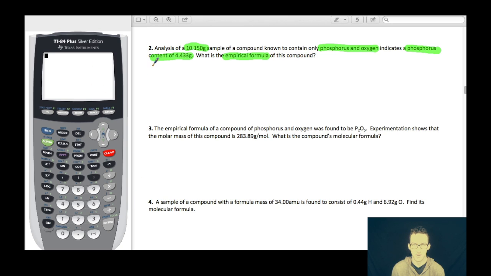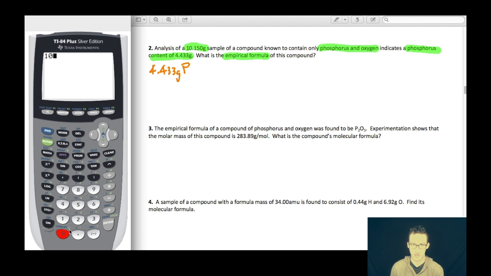And we know that 4.433 grams of that 10.150 gram sample must be phosphorus. Okay, well then how much oxygen do we have? I have no idea, it doesn't tell me in the problem. Let's think about this. We know that we've got a 10.150 gram sample. We know that 4.433 grams of it is phosphorus, and this compound is only phosphorus and oxygen.